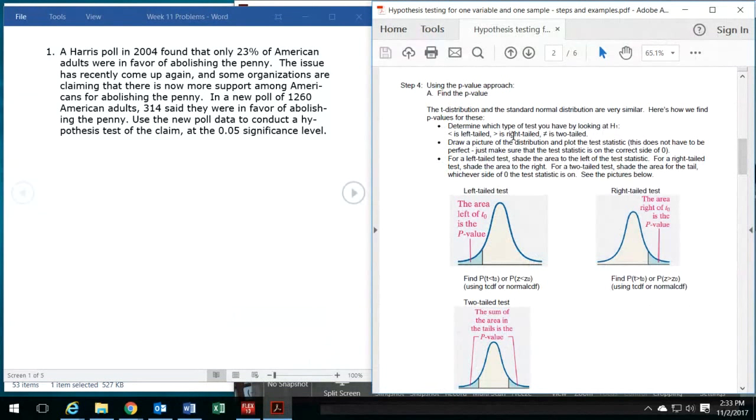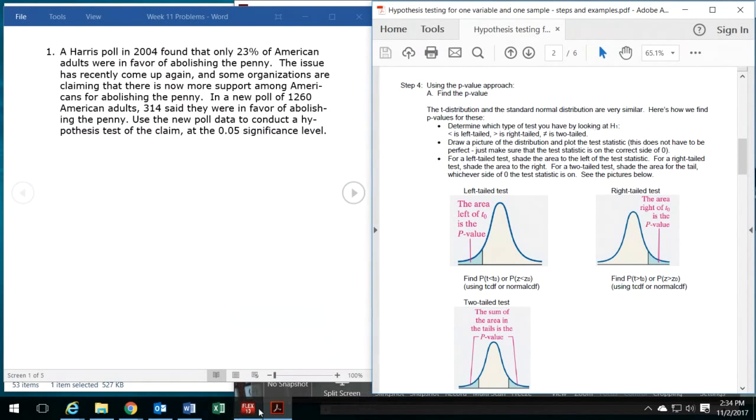For step 4, we're doing this using p-values. So now what we're trying to figure out is what's the probability of getting a test statistic more extreme than this. So to do this step 4, first we want to go back and look at our alternative hypothesis to tell whether we have a left-tailed or a right-tailed or a two-tailed test.